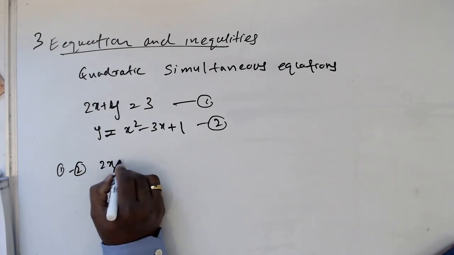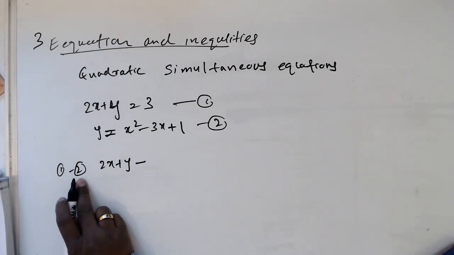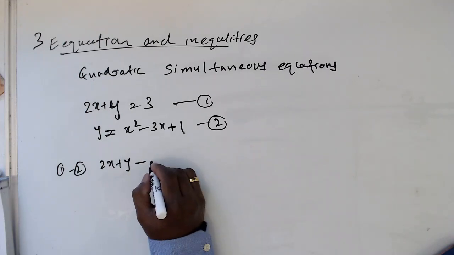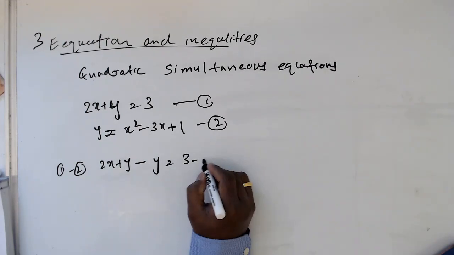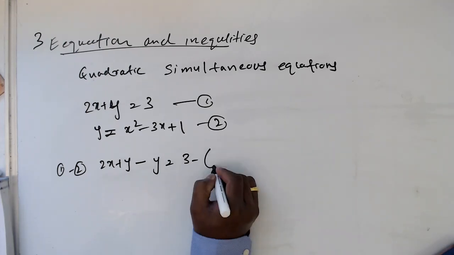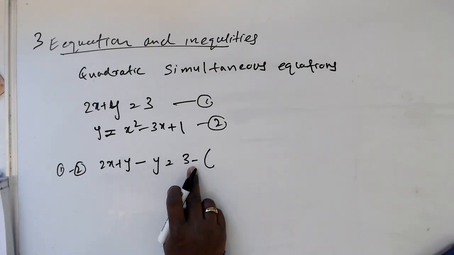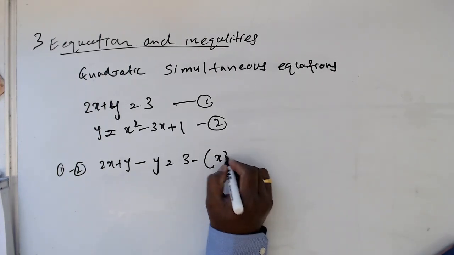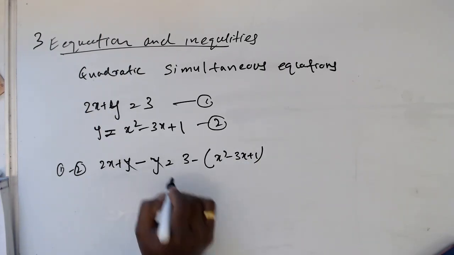So 2x plus y, minus the left side of the second equation, which is y, equal 3 minus, if there's an expression, we have to write it in brackets with the subtraction, x square minus 3x plus 1. So this is cancelled out.